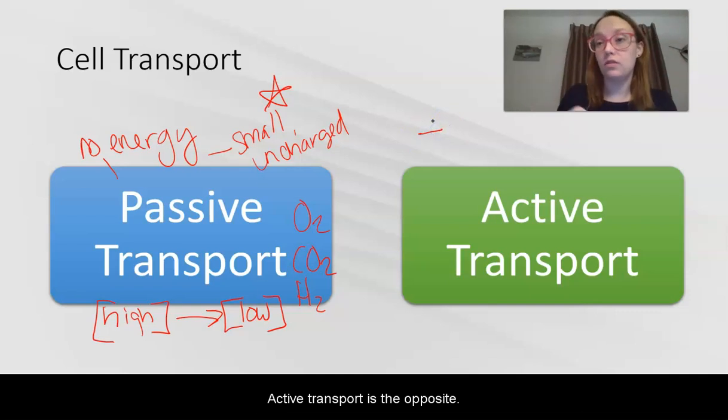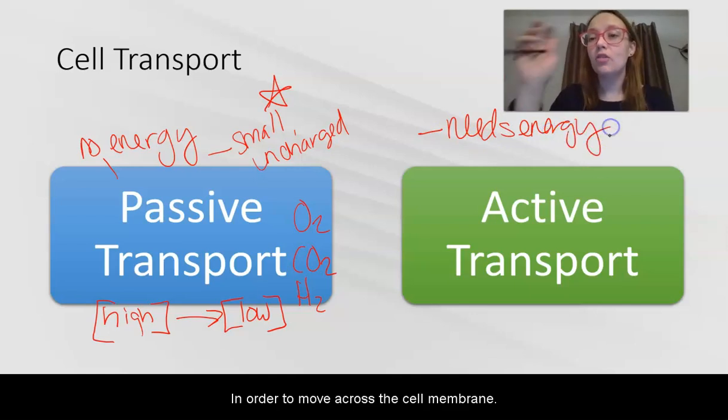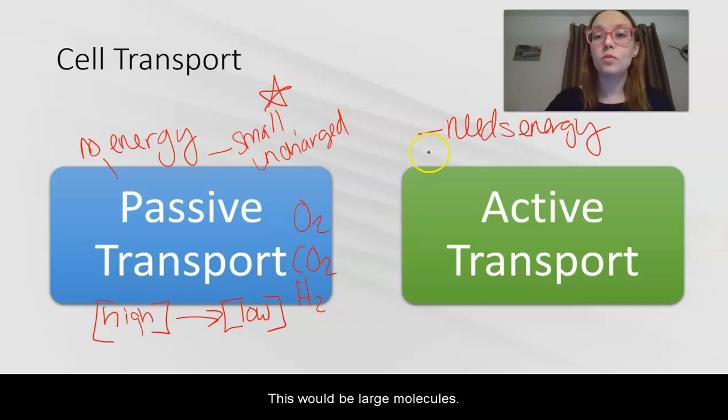Active transport is the opposite in that it needs energy in order to move across the cell membrane. So this would be large molecules or anything charged.